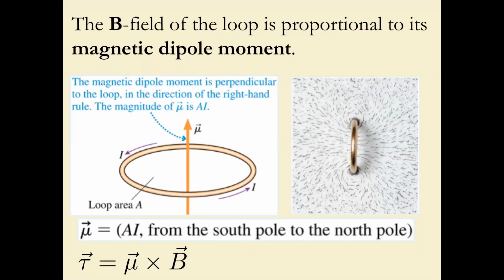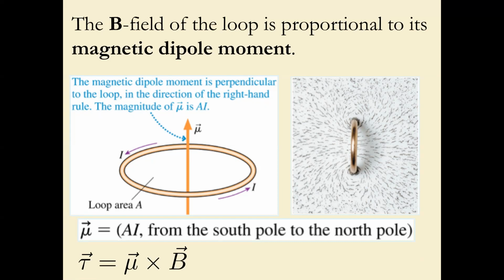And here you see that the magnetic field of the loop is proportional to its magnetic dipole moment. If you remember, in electricity we had learned the electric dipole moment, which is P, right? We calculated it by charge and the distance between two charges.